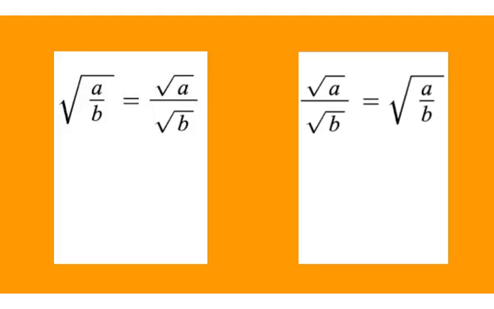All right, the first thing you're going to need to know when you're dividing radicals is that you could take a tall radical, that's a radical with a fraction inside, and you can make it into a fraction of radicals.